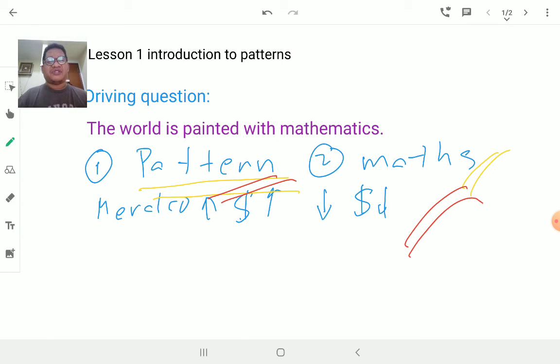We are surrounded with patterns. Our body structure is even like a perfect work of mathematical phenomenon. Now it's your turn to explain why they say that the world is painted with mathematics.